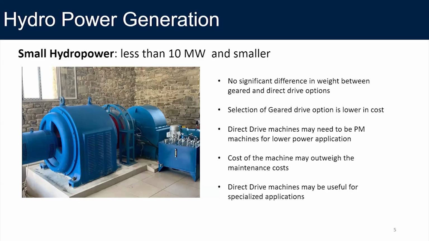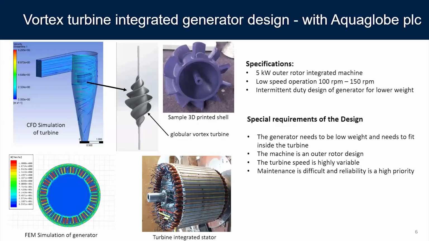So I'll present one of the applications that we designed a machine for, a vortex turbine application. This is similar to a small hydro, but it's a very specialized turbine where the turbine itself is in the shape of a globe, and the generator was to be designed to be placed inside the turbine structure itself.